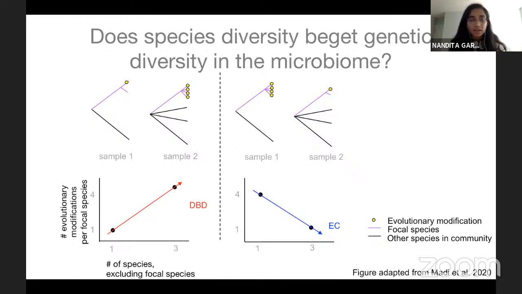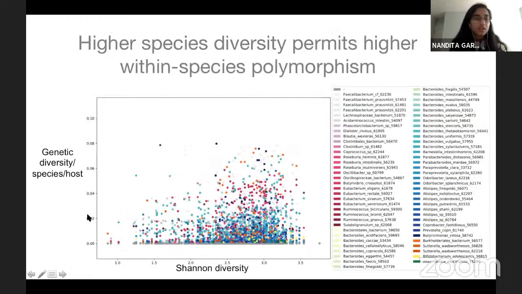And Naima saw that for human gut microbiomes, the DBD hypothesis seems to be generally true at the species level. But now let's take a look at the within-species level. First, what we're going to plot is the genetic diversity per species per host.